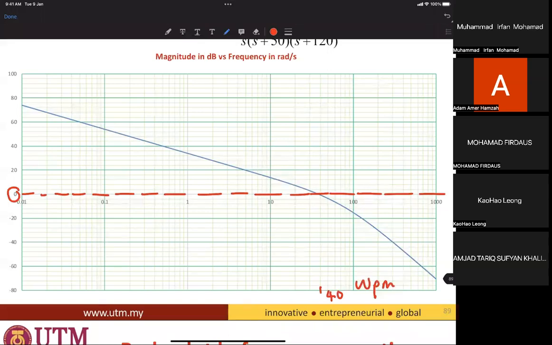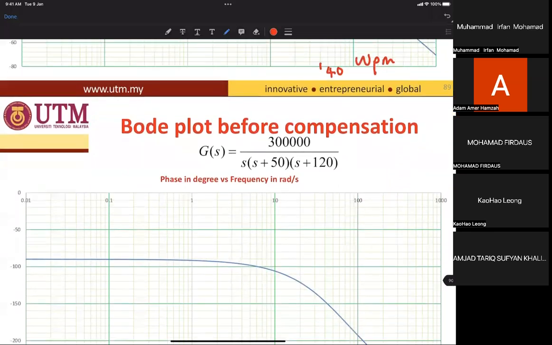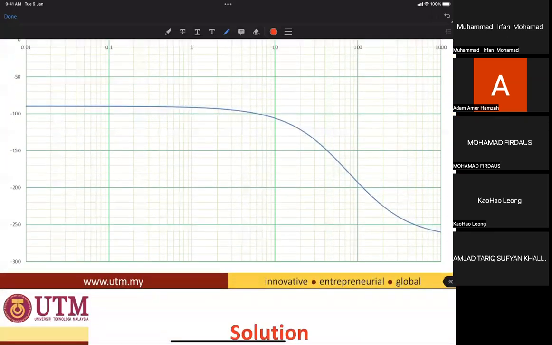Okay, 40. Michin, what is the phase margin? 30. How do you get 30? Negative 150 minus 180.